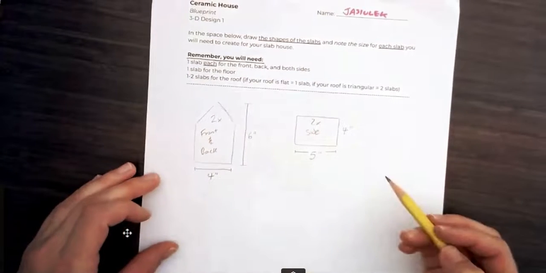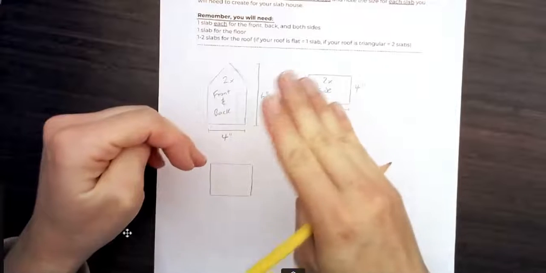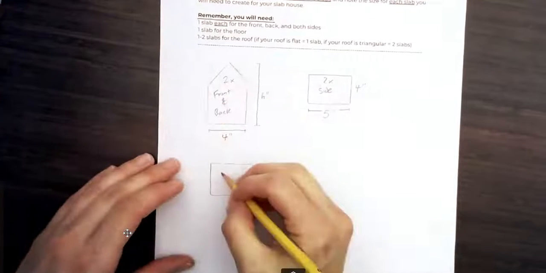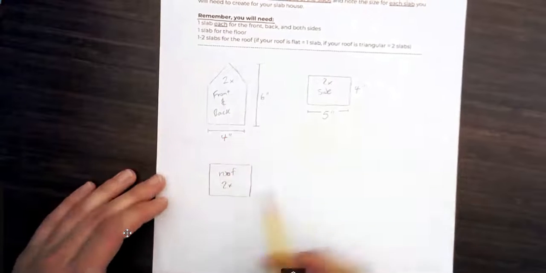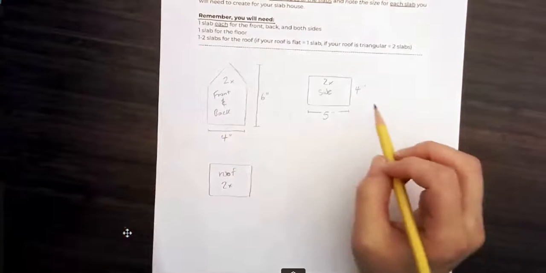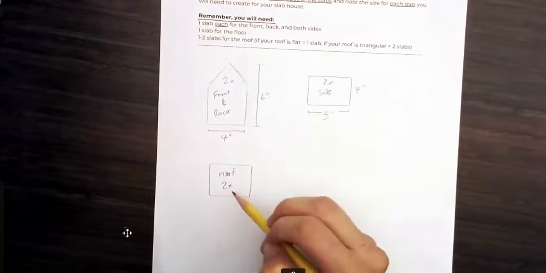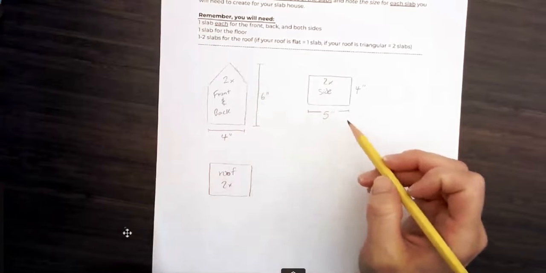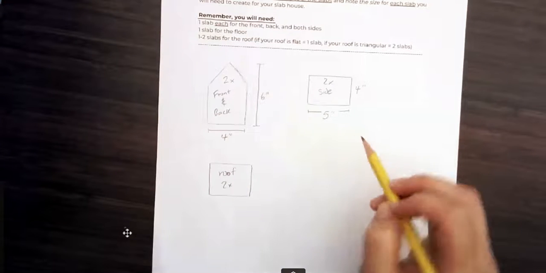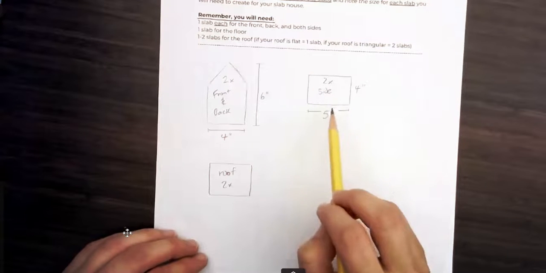1 for each side. Now my roof is going to be triangular, so there's going to be 1 slab and 1 slab. So for my roof, I'm going to need 2 of them. Now how wide? Well, the good question is, if your side of your house is 5 inches, you'll probably want your roof to be a little bit wider. This just makes it easier when you do your construction and you don't have to worry about trying to make the roof line up with the sides of your house.